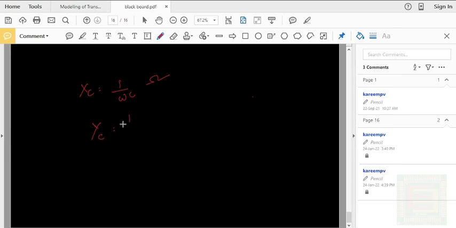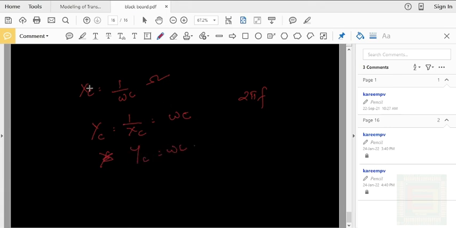So Yc is 1 by Xc, and that is given by omega C, where omega is 2 pi f, depending upon the frequency of the AC voltage, and C is the capacitance of the transmission line. So the capacitive admittance Yc is given by omega C.